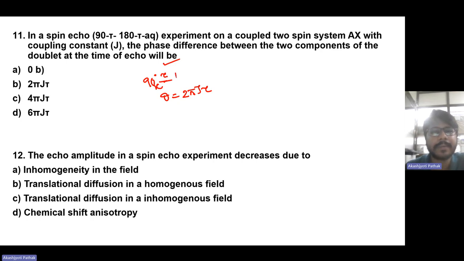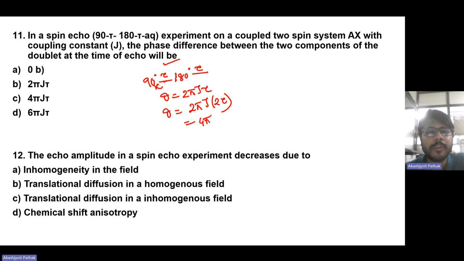But after that we are again applying a 180-degree pulse and then giving another delay of tau second. So in this case, the phase difference between the two components will be 2 pi J into 2 tau, because we are giving a delay of 2 tau.